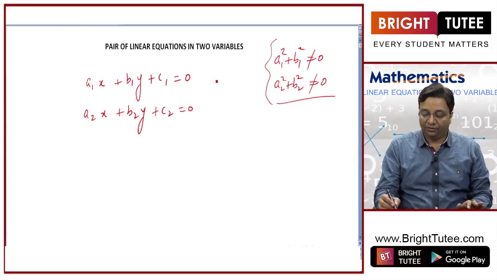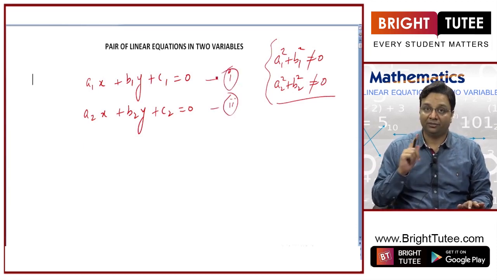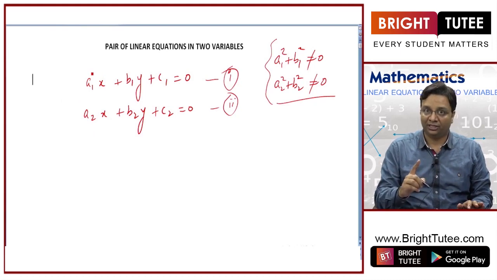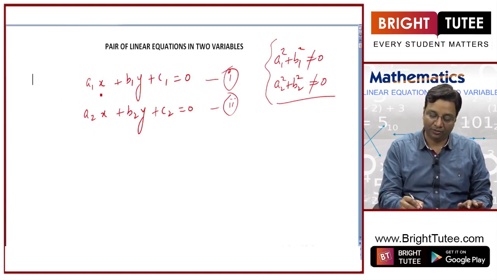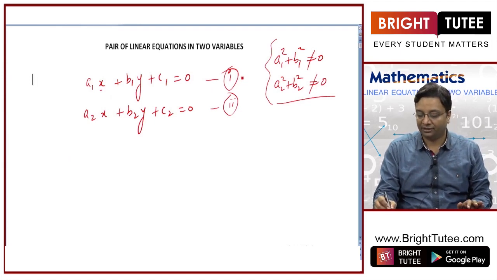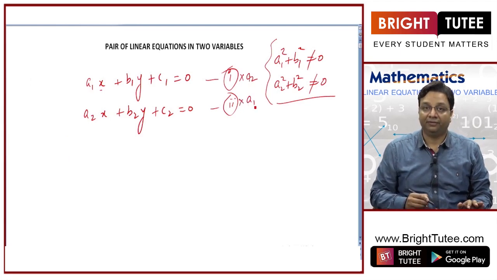Alright. So, if we need to solve these two equations using the elimination method that we just finished in the last exercise, then I will have to equate the coefficients of one of the variables. So, let me equate the coefficients of x. To equate coefficients of x, I will have to multiply this equation by a2 and this one by a1.